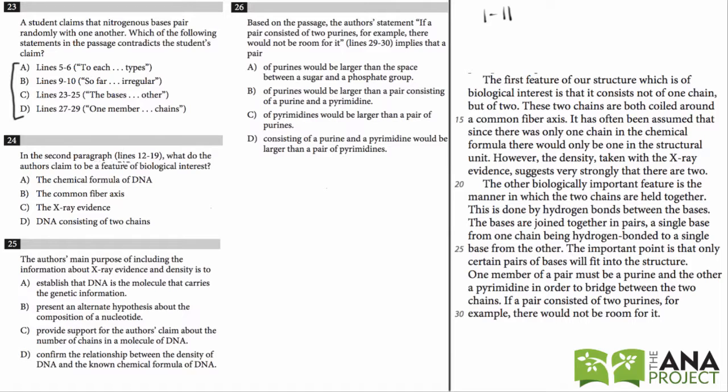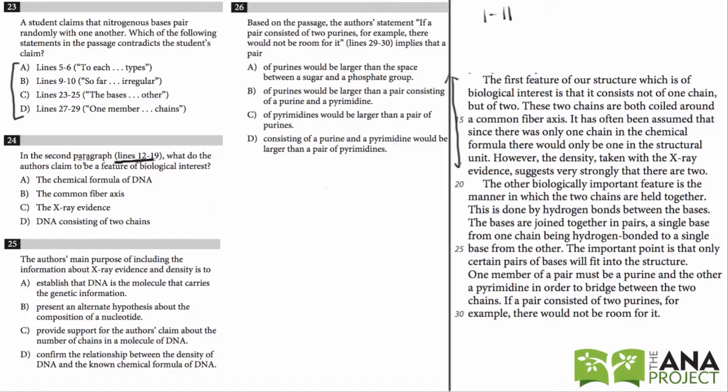In 24, we just have to read lines 12 through 19. And this provides a good order because we've read the intro, 1 through 11, and this is lines 12 through 19. So let's just read this part here and complete 24, and then maybe we can come back to 23.